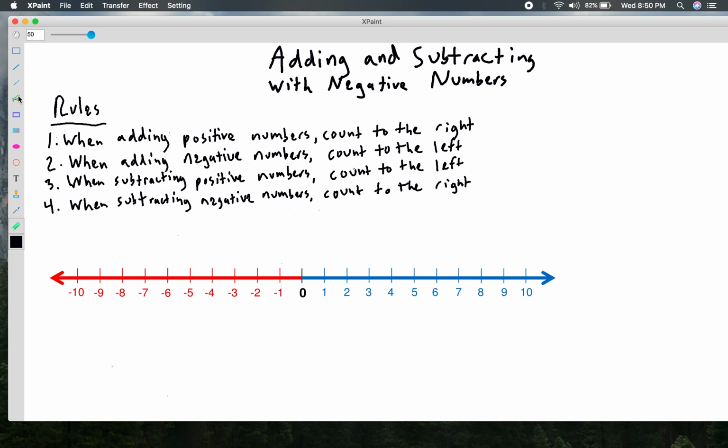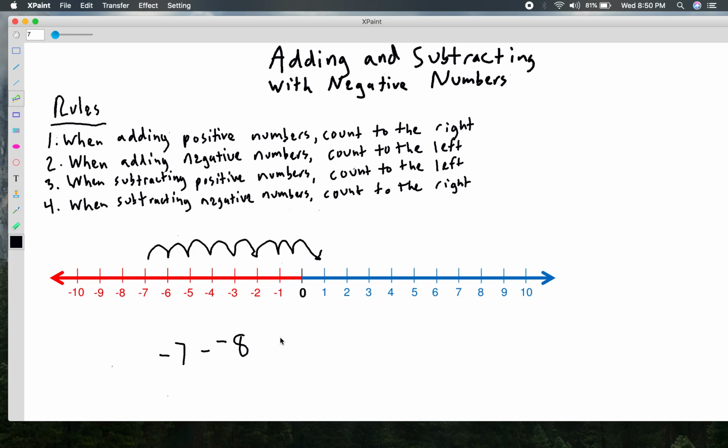All right, so let's do negative 7 minus negative 8. All right, the rule says when subtracting negative numbers, count to the right. We are indeed subtracting negative numbers. I see the two negatives. I'm going to be from negative 7, count to the right. 1, 2, 3, 4, 5, 6, 7, 8.